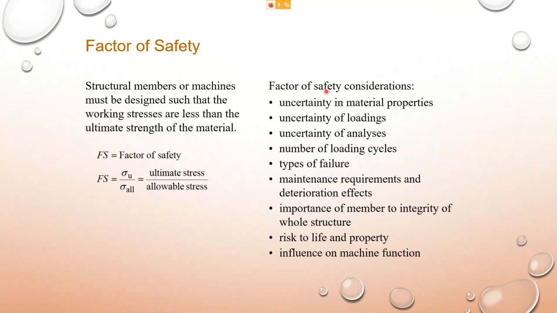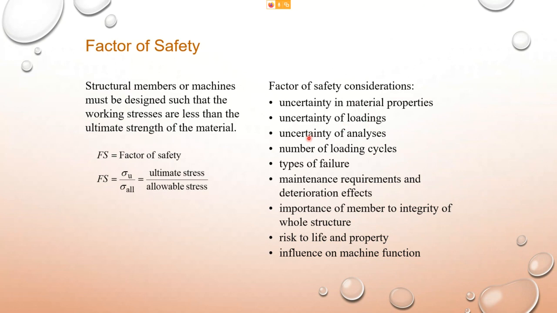So factor of safety is considered when there is an uncertainty in material properties. Second, when you have an uncertainty of loadings, the loading type. Later on, we will go to loading types.